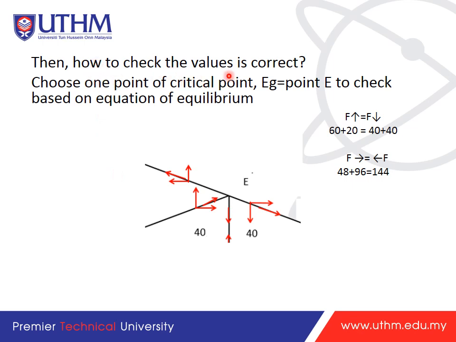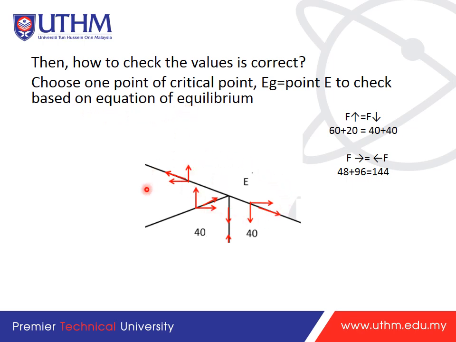Okay, so then how to check that the value is correct? You have calculated a lot of values, so how do you know that the value is correct? You need to choose one critical point. We can choose E, to check based on the equations of equilibrium.